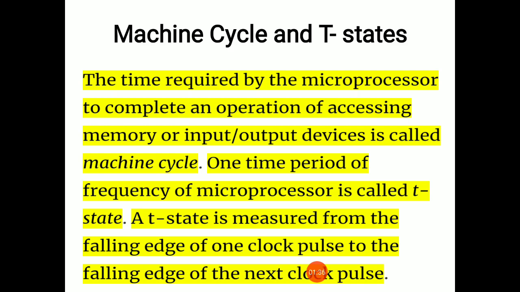Every time I'm saying the necessary steps carried out by the microprocessor, so what are these necessary steps? They include sending the memory or input-output device a set of signals, like IO/M bar or ALE, RD bar or WR bar, etc. These types of signals constitute the necessary steps.